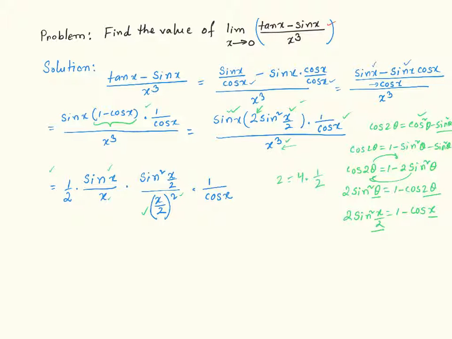Let me try to go over this again, because this is the crux of the problem. You need to know how to organize these terms so that you can take the limit. Look, I have structured it in such a way that I have a situation where I have sine theta over theta, and you know that as theta approaches 0, sine theta over theta is nothing but 1, right?